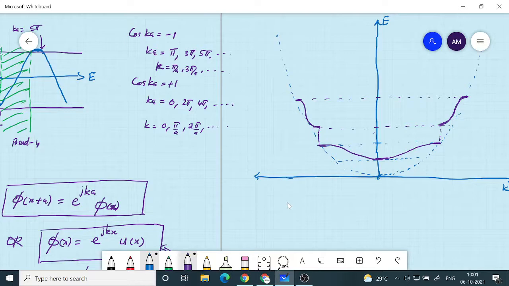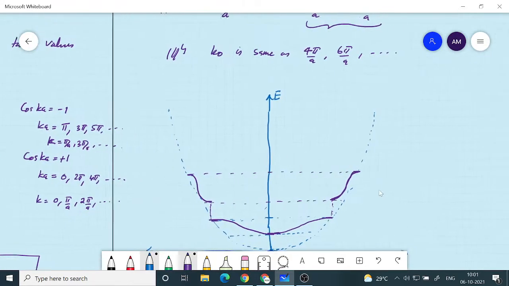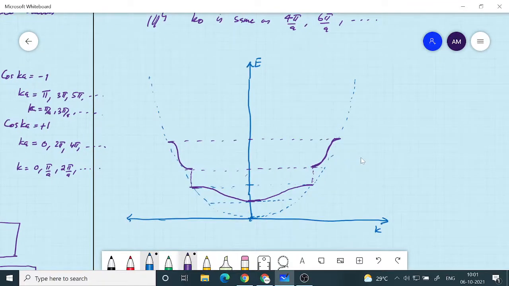So this is the next band. Okay, so again, the way I have drawn doesn't make much sense, because I am supposed to have the same distance on the x-axis. Here it is wider. That's because my parabola is not really correct. So there are some discrepancies here.